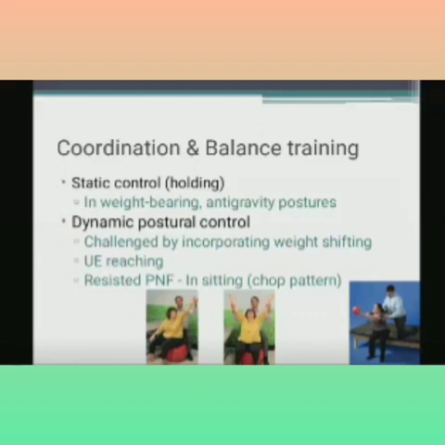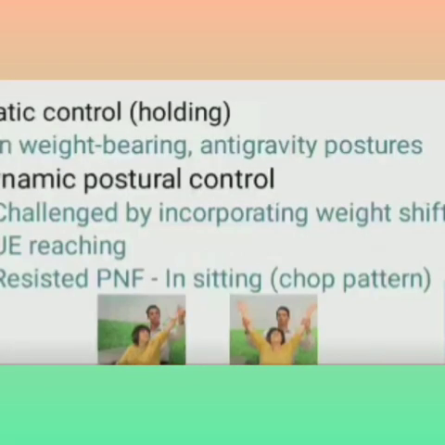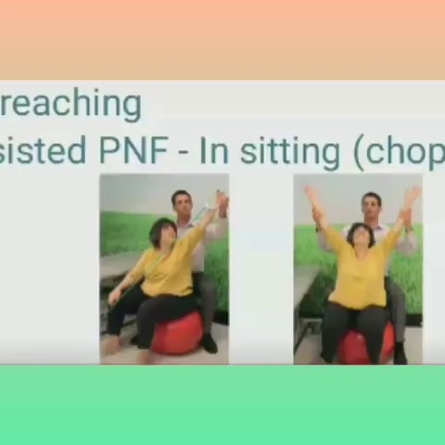You can see in the picture, you can give a TheraBand also. Here you can see they're using a TheraBand in a diagonal pattern to strengthen, while the person is sitting on a ball. That gives truncal stability. They have to maintain the truncal stability, and along with that, do this resisted PNF.